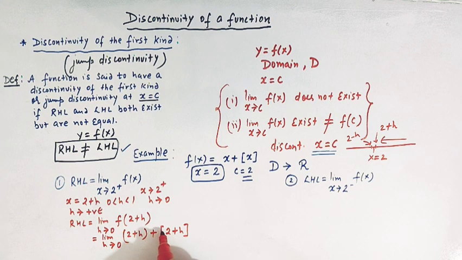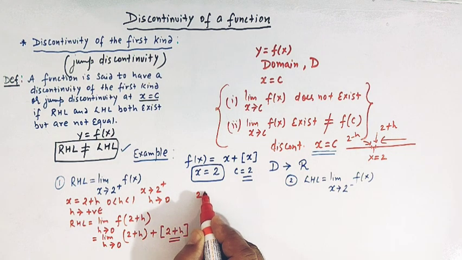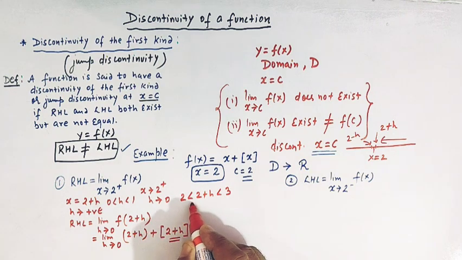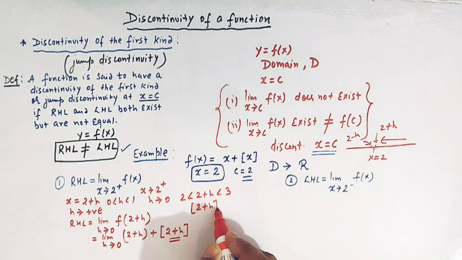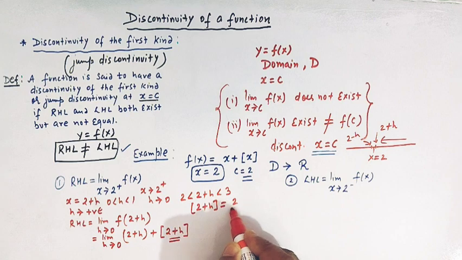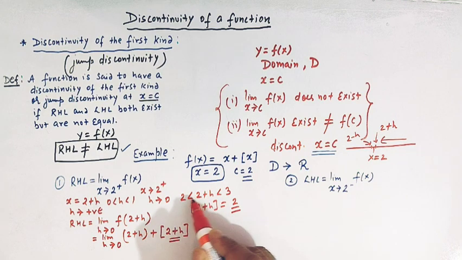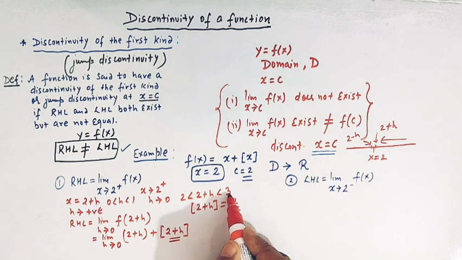Now we cannot directly substitute h equals 0. See, 2 plus h is slightly greater than 2, but it is less than 3, because h is a positive quantity and infinitesimally small.